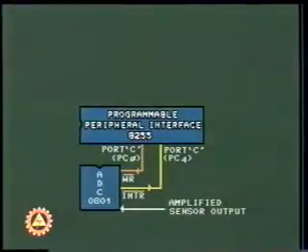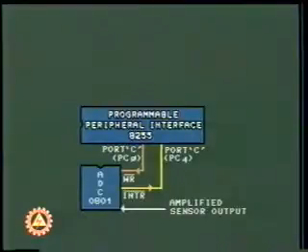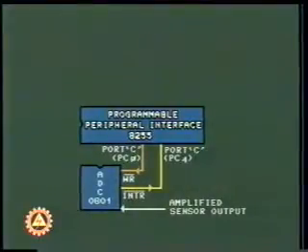The PC0 and PC4 lines of port C are used as output and input respectively to control the analog to digital conversion operation. The PC0 line initiates the conversion, while the PC4 line is used to check whether the conversion is over or still in process.